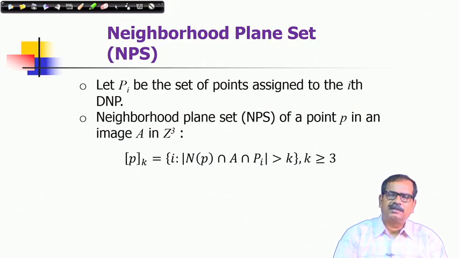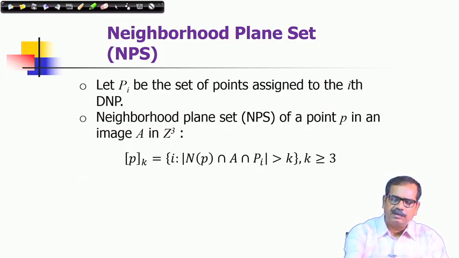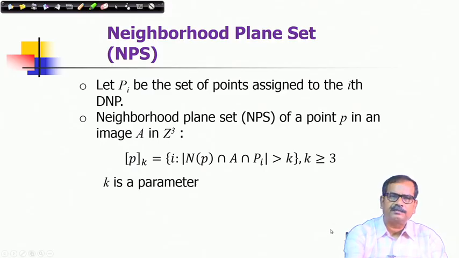So, those points lying on a particular plane with a sufficient number, that number is k, and usually we take the threshold k greater than or equal to 3, which means at least 3 points should lie on the plane, including the point P. But you can use any other threshold, maybe 4 or 5 is sufficient, mostly used in our cases.